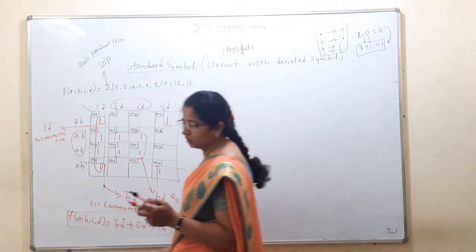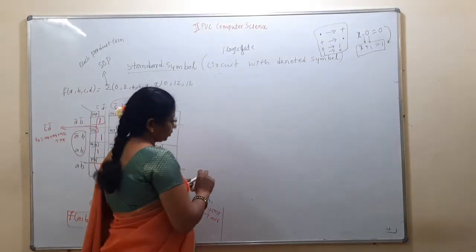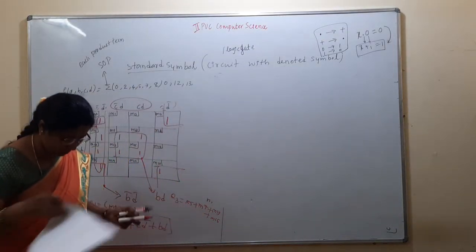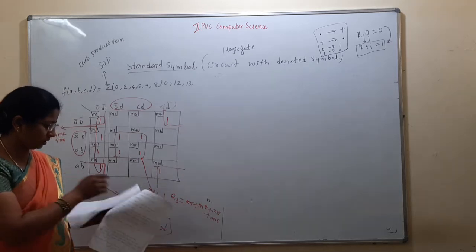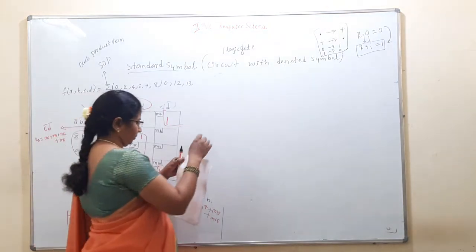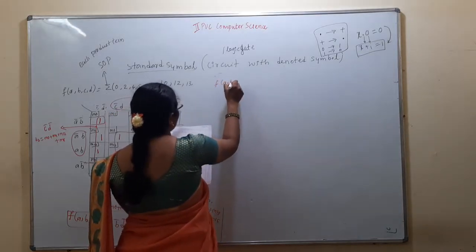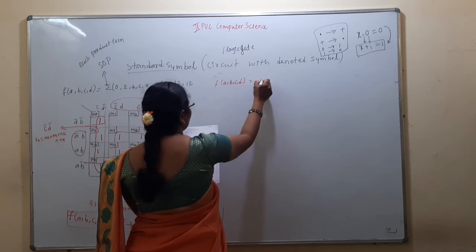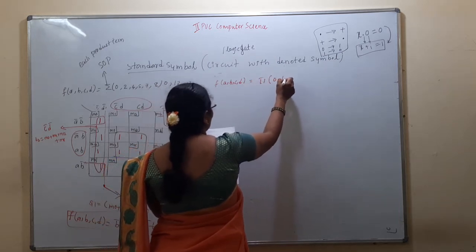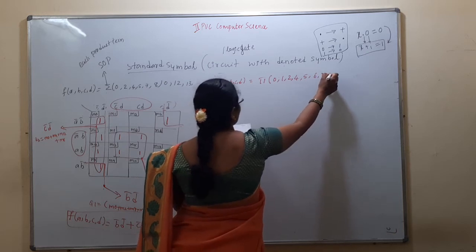I told, clearly I told. So, what is the next question format? The next question is f of A, B, C, D equal to pi 0, 1, 2, 4, 5, 6, 8, 10.